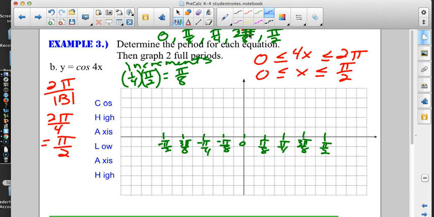So our range, again, I'm just going to space mine out so that it's a little easier to see, but you wouldn't have to. We're going up 1 and down 1. But this is cosine. Cosine starts high, axis, low, axis, high.